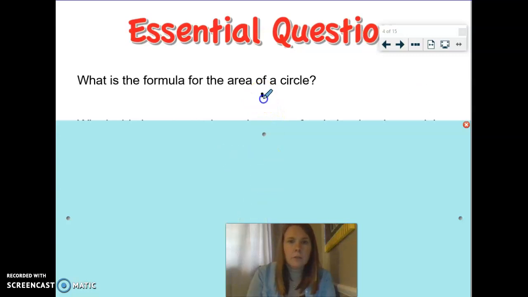So your area formula for a circle is pi r squared, okay? This is going to be important to know because as you saw earlier, this part is going to also transcend into our volume formula, just like how the circumference of a circle became part of your surface area formula.